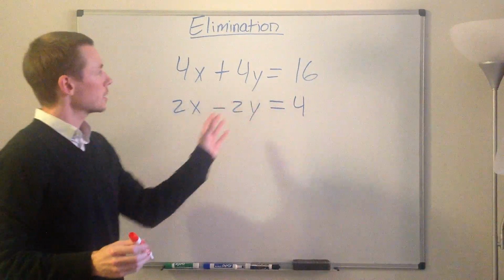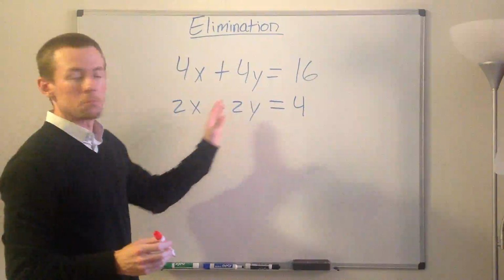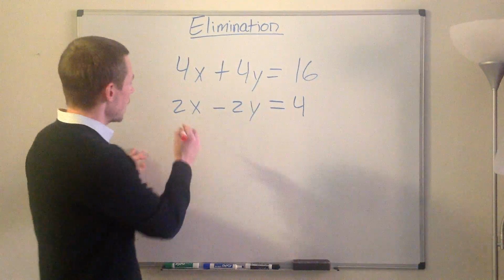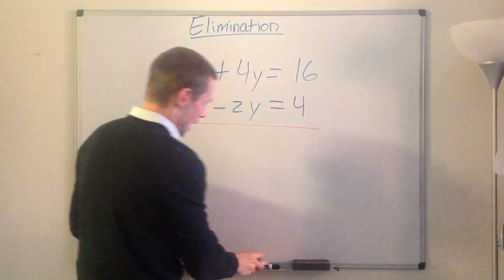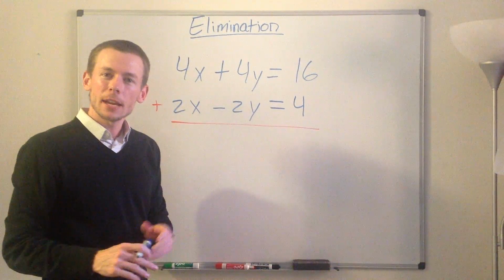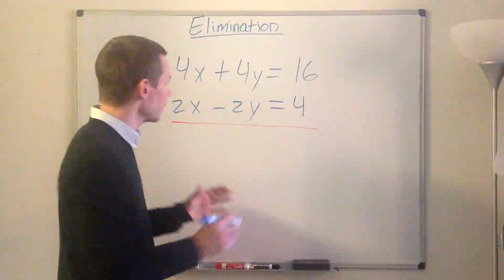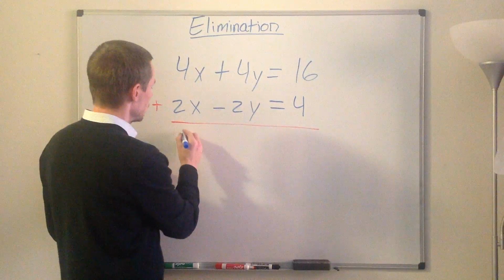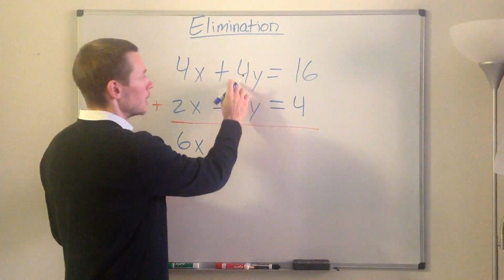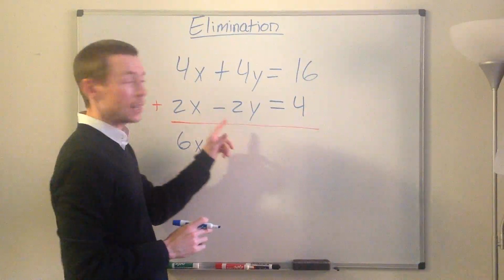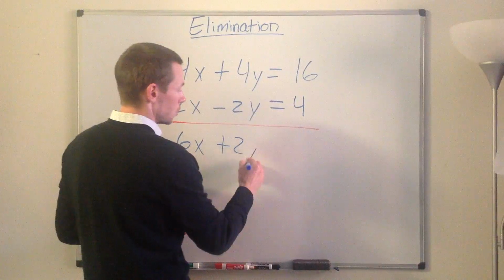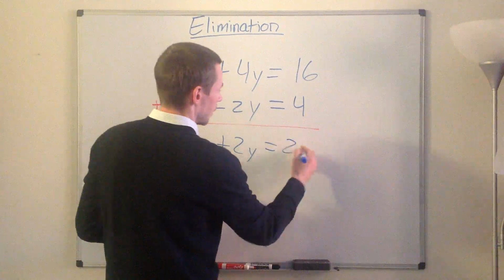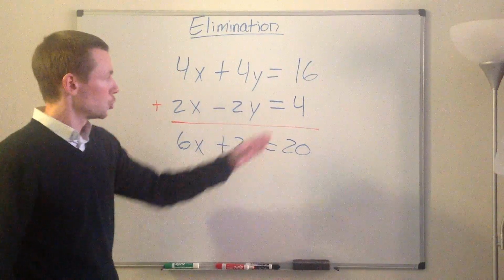Okay, so let's say I had something like this right here. If I add these together just like I did in the previous problem, 4x plus 2x equals 6x, but now I have 4 plus a negative 2. Well, 4 plus negative 2 is 2y, and then I would have 20 over here.